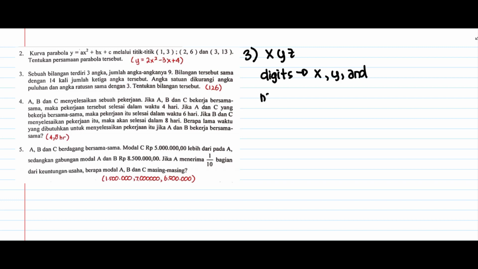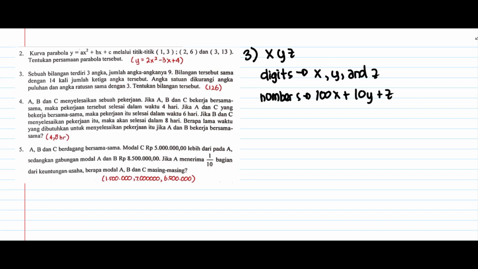But the number, bilangannya itu adalah 100x karena x-nya menempati ratusan, ditambah 10y ditambah z. Jadi nanti kamu terjemahinnya tergantung kalimatnya. Kalau dia bilang digit berarti x, y, z. Kalau dia bilang bilangannya berarti 100x tambah 10y tambah z. Ini kalau 3 angka. Kalau 2 angka berarti cuma 10x tambah y aja.